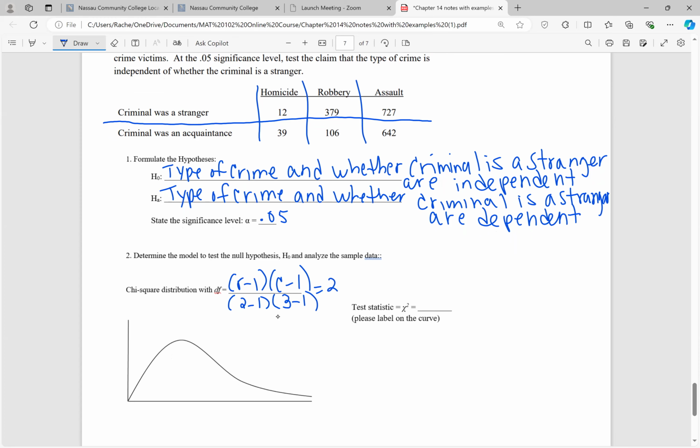So we can now calculate the test statistic and we'll label it on the curve and then we'll find the p-value. But first we have to enter our data into a matrix.